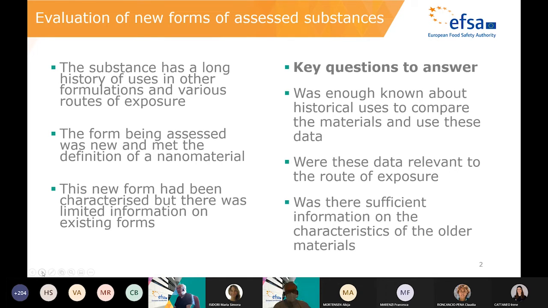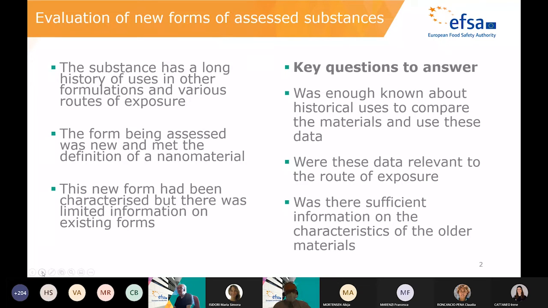This form had been characterized, and there is limited information on existing forms. So what were the key questions the risk assessor and indeed the applicant were trying to answer? Was enough known about the historical uses to say these were comparable to this material and allowed you to use these data?